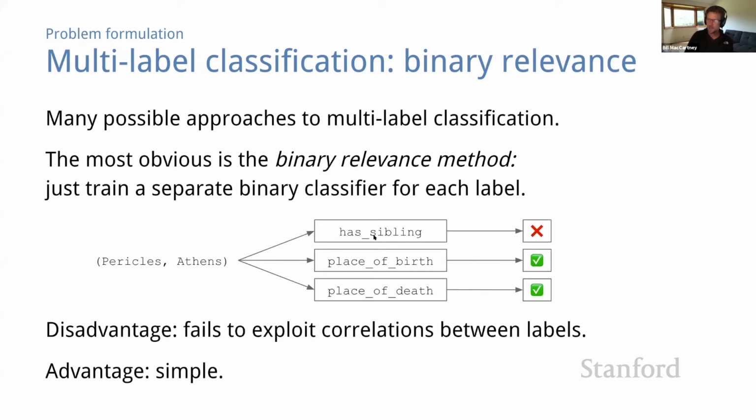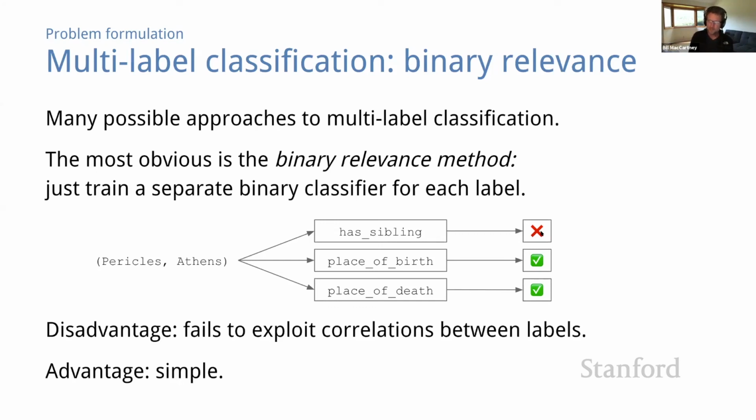You just train a separate binary classifier for each of the labels independently. Each of them generates a prediction independently. In this example, we've predicted that the place of birth relation applies, the place of death relation applies, but not the has-sibling relation.